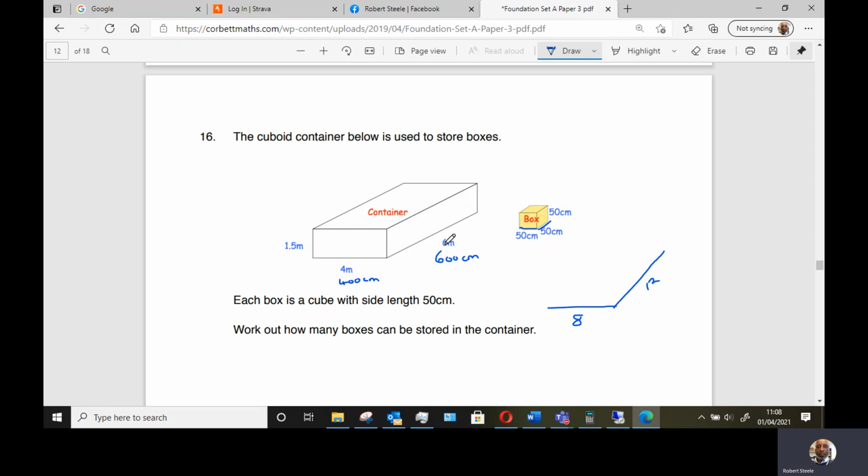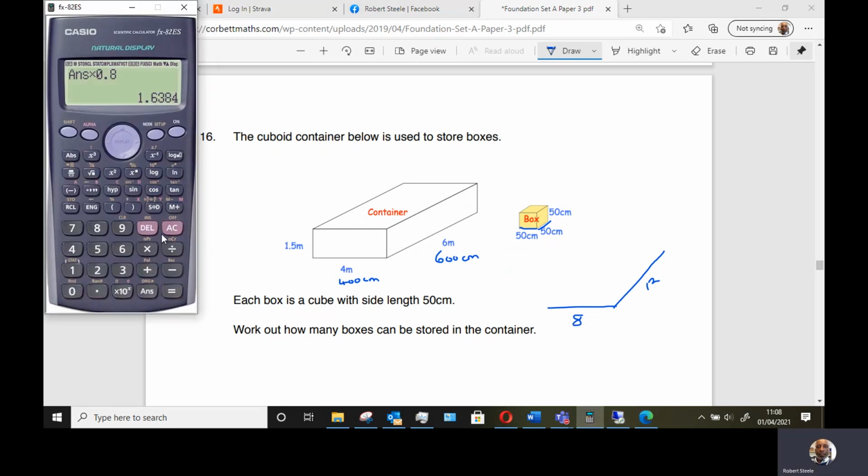So 50 goes into 600 12 times. If you needed to do these calculations with a calculator, 600 divide 50, that's where I got the 12 from, 400 divide 50, that's where I got the 8 from.